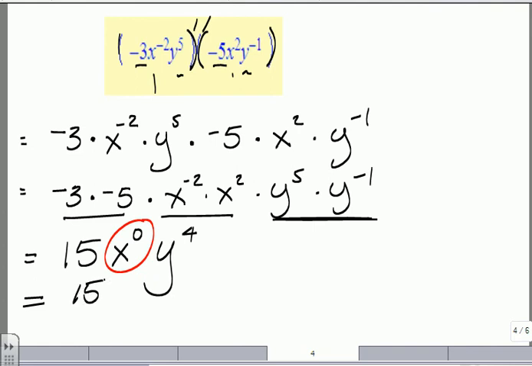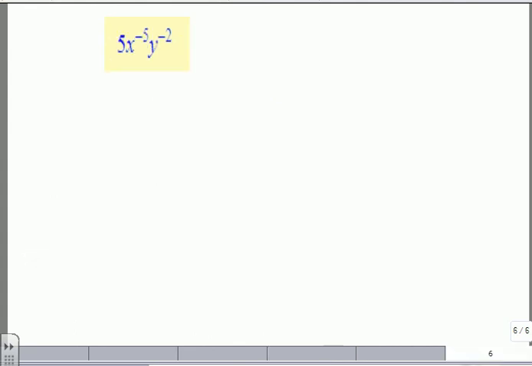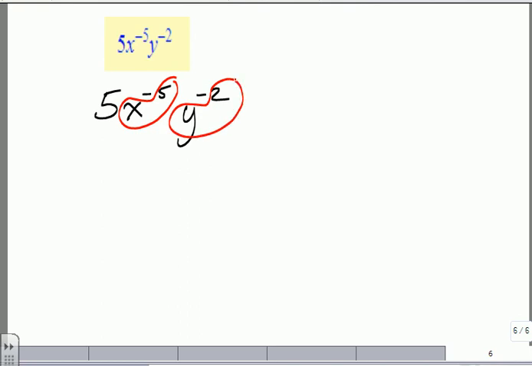Next one. Okay. The only thing that's going on here that I notice is that we've got negative exponents. So we've got to change those negative exponents. I'm going to write this a little bit bigger so I've got plenty of room. Whenever I see a negative exponent, I say, okay, there's nothing else to combine those x's with, so I'm just going to deal with the negative exponent. And I've got another one here. I can't combine those y's with any other y's, so I'm just going to deal with the negative exponent.